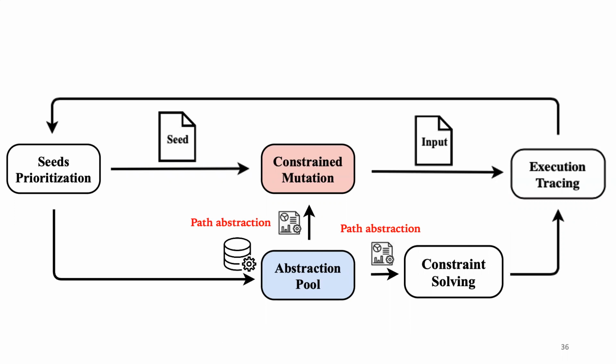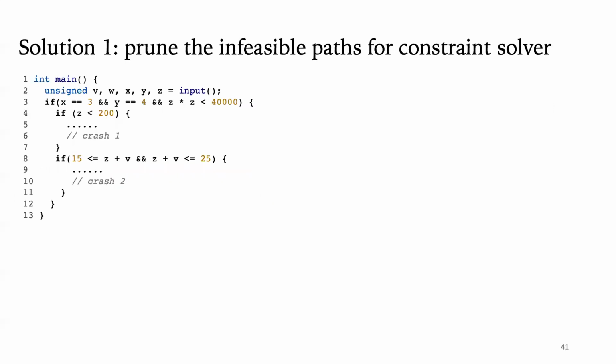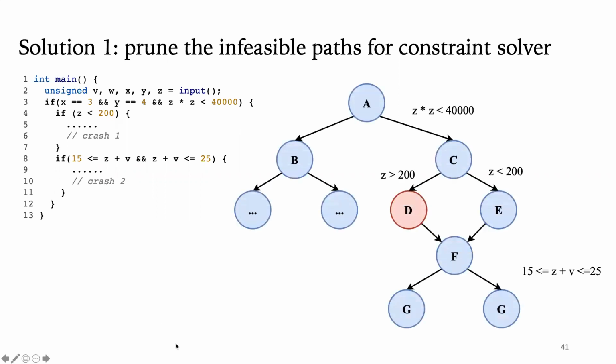Next, we're going to solve the non-incremental issue in constraint solving. For constraint solving, path abstraction can be reused for pruning the infeasible path, using the control flow graph of the previous example as demonstration. Existing coverage-guided fuzzing would attempt to cover the edge CD. This causes constraint solvers to always solve the constraint whenever the execution reaches these uncovered edges.